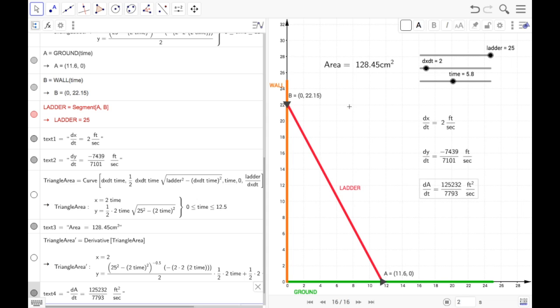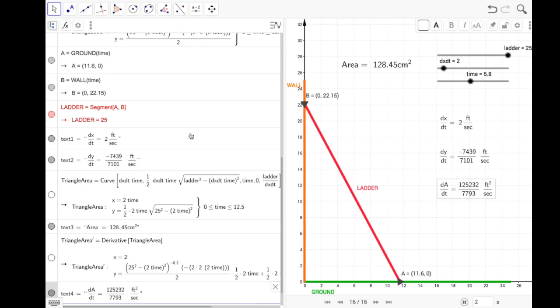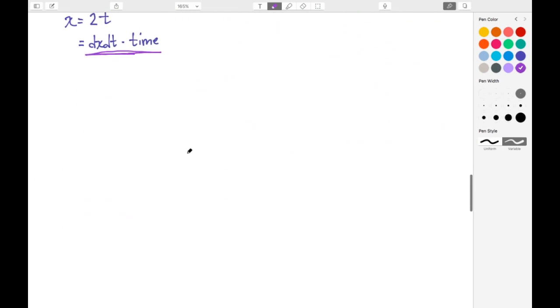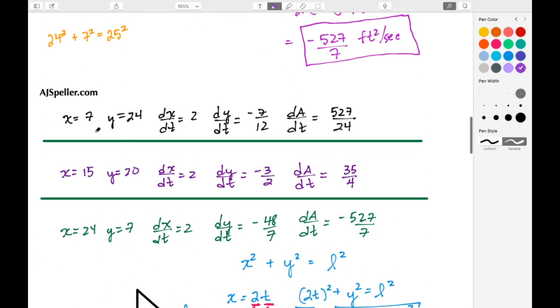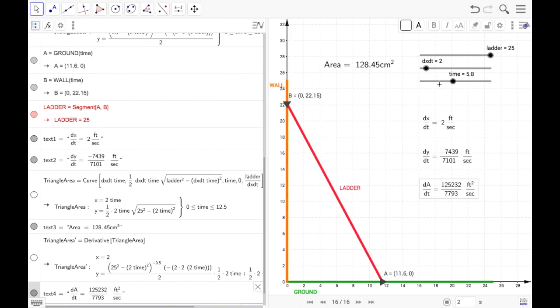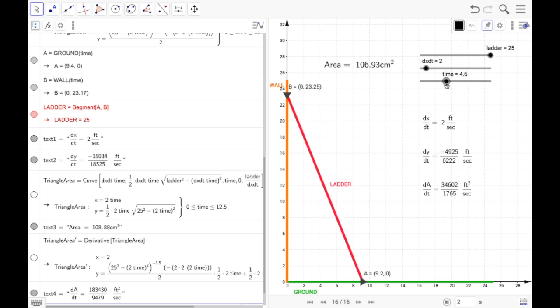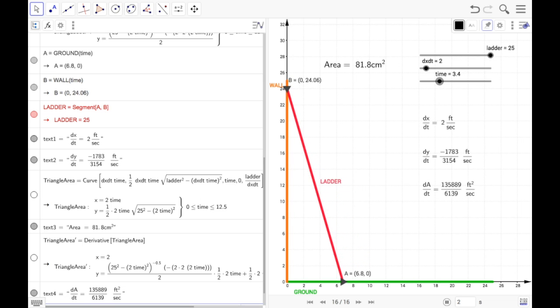Let's go ahead and verify some of our results. Let's scroll up. Here we see that when the x value is 7, the y should be 24, and dA/dt should be 527 over 24. So let's set this x value at 7. Here we see x is currently at 11.6. Let's move the time until we get back to 7.